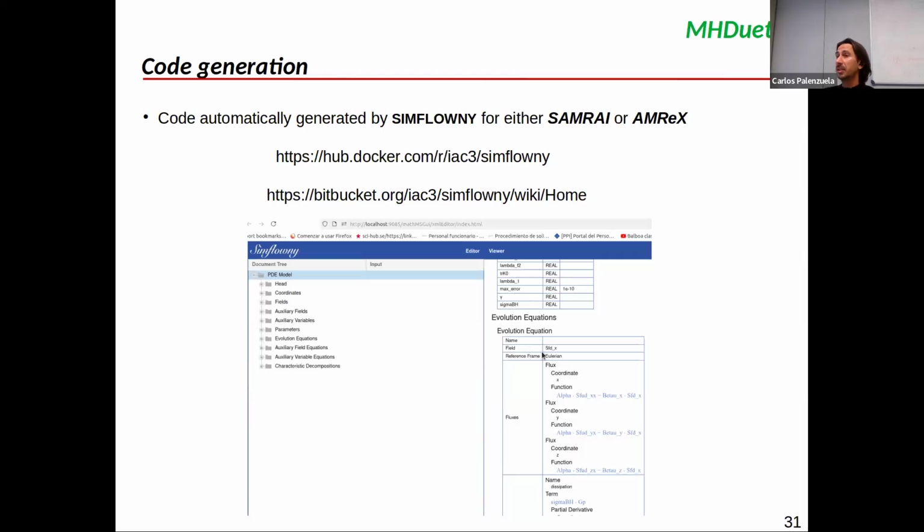But the original code is in Simflowny, it's exactly the same. So you can create code for either SAMRAI or AMReX infrastructure. The code is also publicly available. You can check it here if you're interested, where there are already many models and problems that you can test and play with.